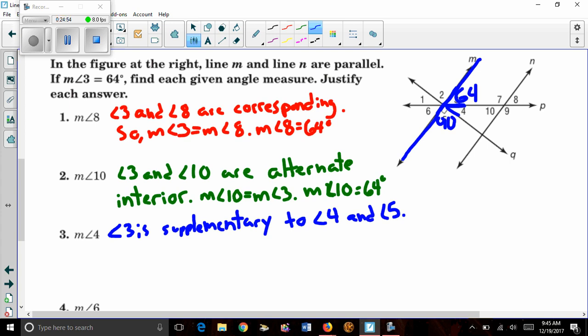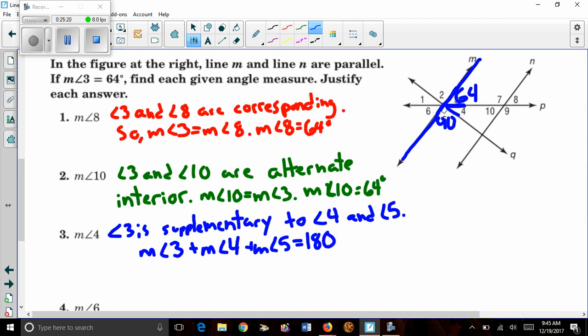This gives us a new relationship. A straight line will equal 180 degrees. So the measure of angle 3 added to the measure of angle 4 and the measure of angle 5 will have to equal 180 degrees.